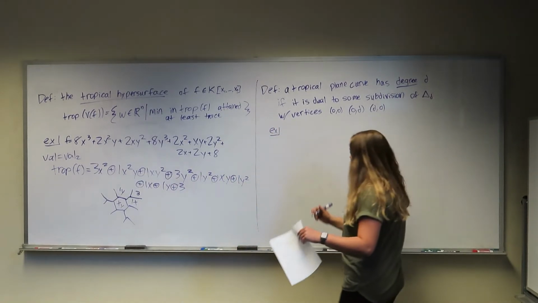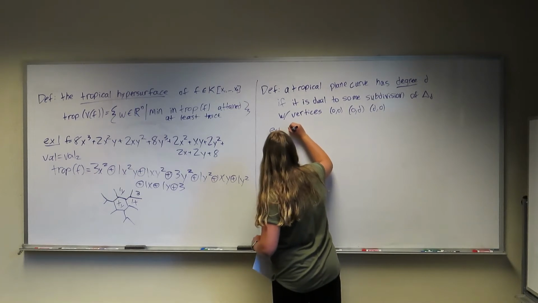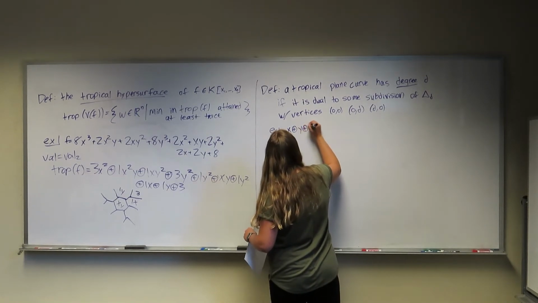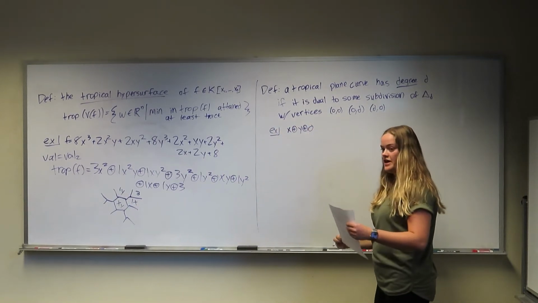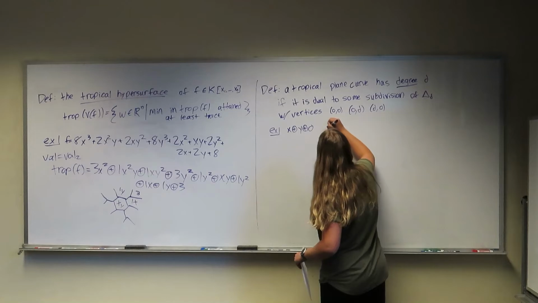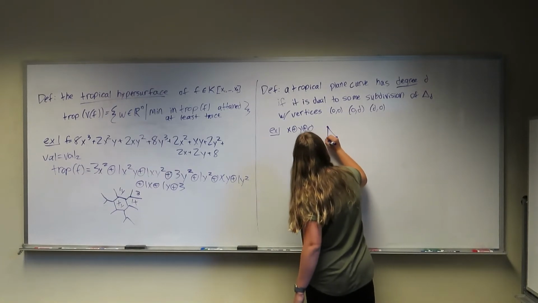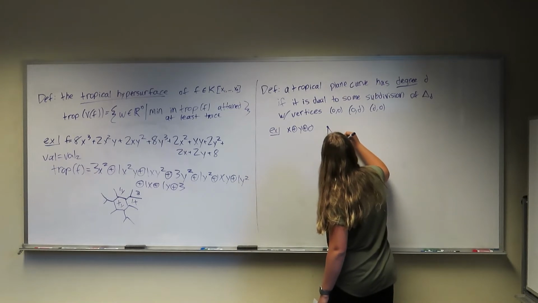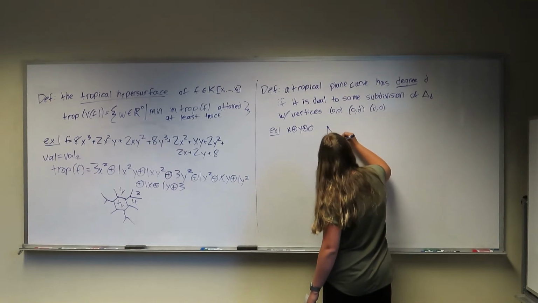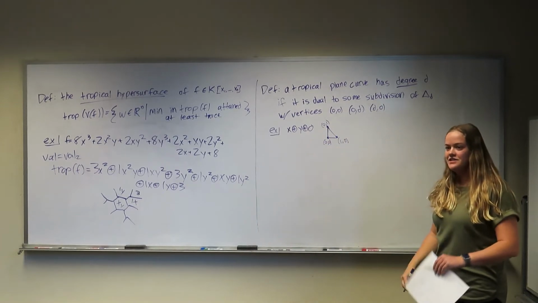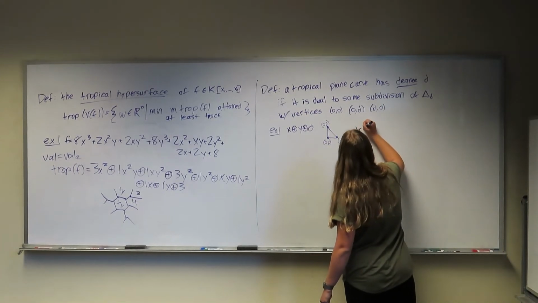An example of this is the tropical line, x plus y plus 0. That was dual to the Newton polygon with vertices at (0,0), (1,0), (0,1). So our tropical line has degree 1.